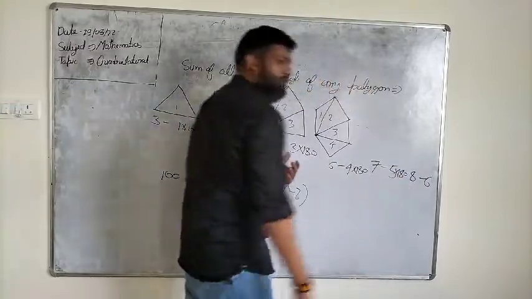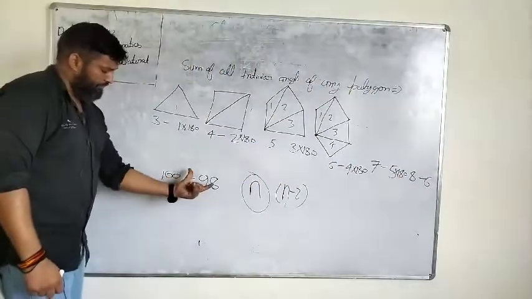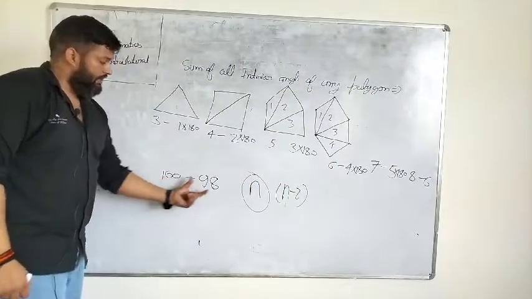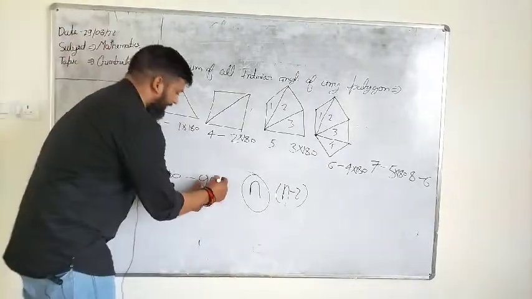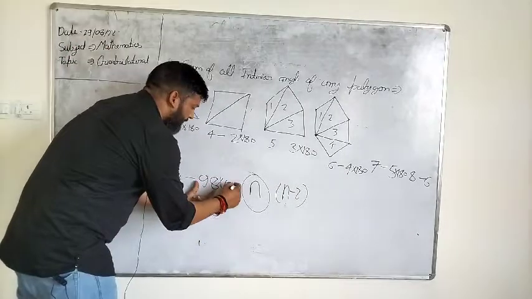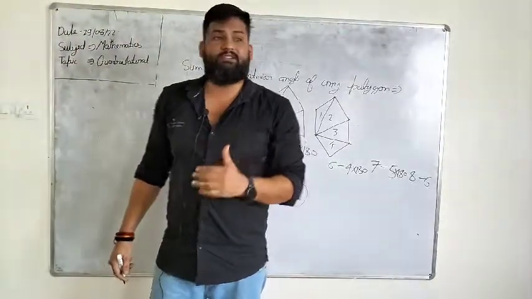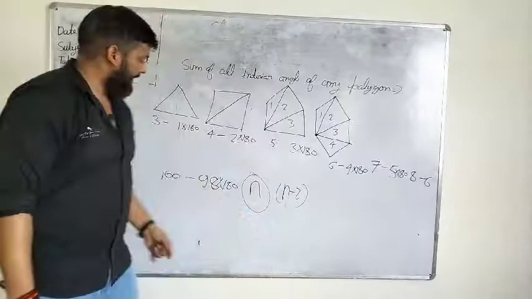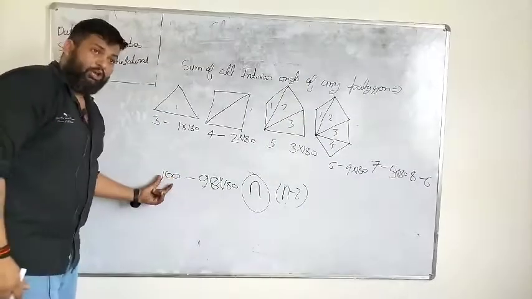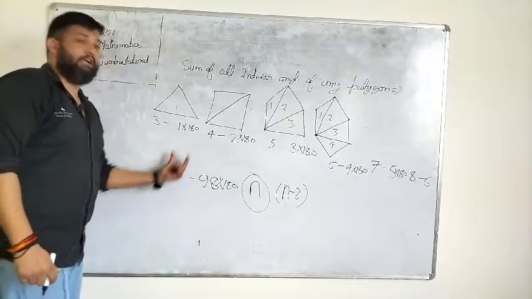Same as if the number of sides is 100, the number of triangles is 98. If we multiply 98 by 180, in this way we can find the sum of all interior angles of a polygon which has 100 sides.